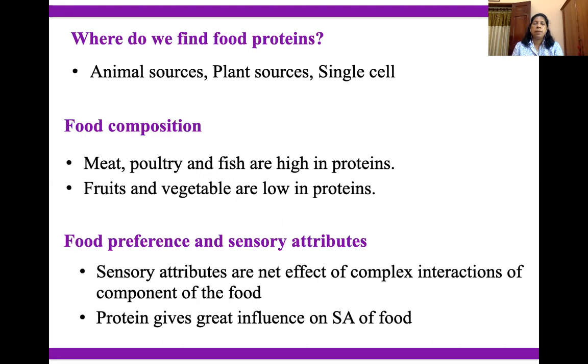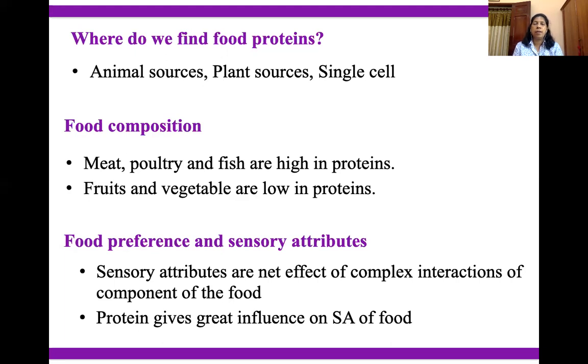For example, let's think about fish. If you boil the fish, or boil the egg, it has a different spongy nature and a different kind of texture. But if you boil the vegetable, you can see it has a soggy nature, and everything breaks down.